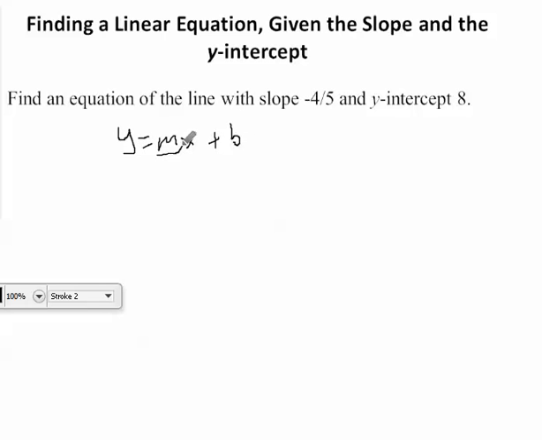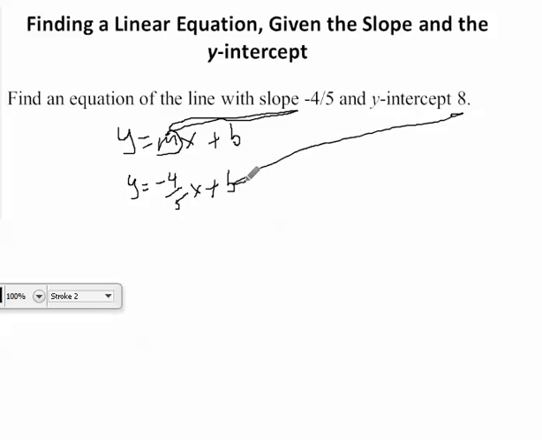M is the slope. If they gave me the slope, all I got to do is stick it right in here. So that'd be y equals negative 4 over 5x plus b. And they're giving me the intercept here, 8. I'm going to stick that in for the b. So it's y equals negative 4 over 5x plus 8.